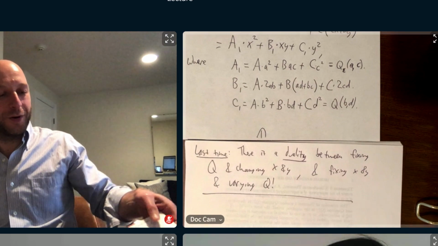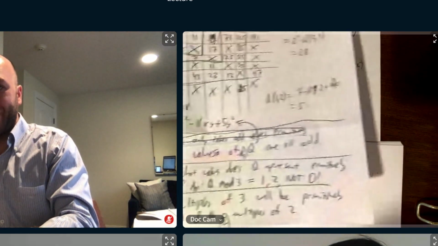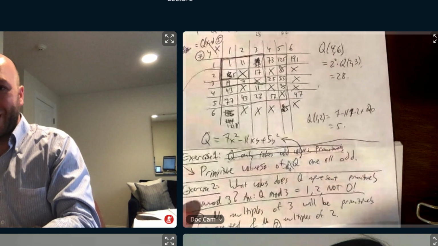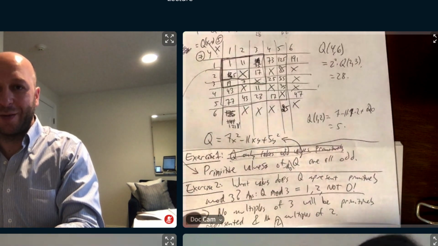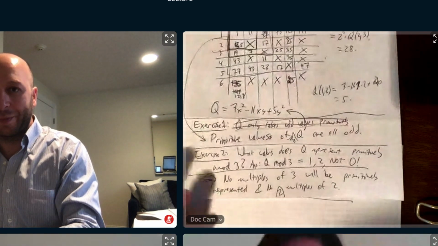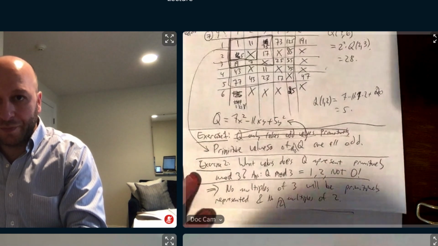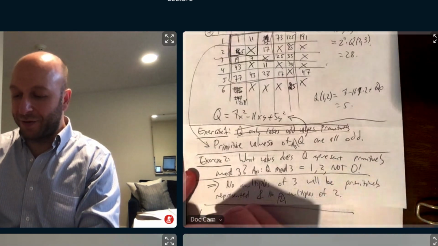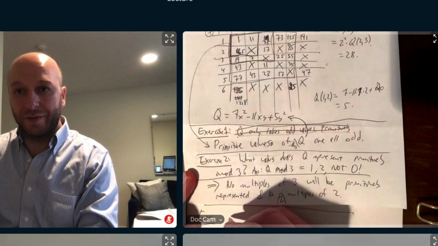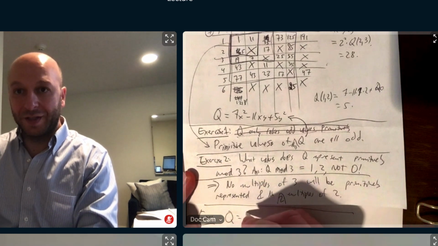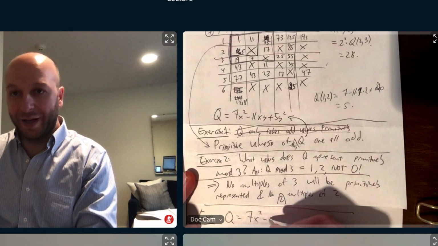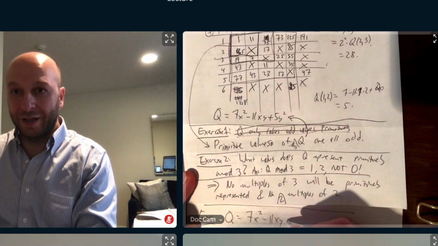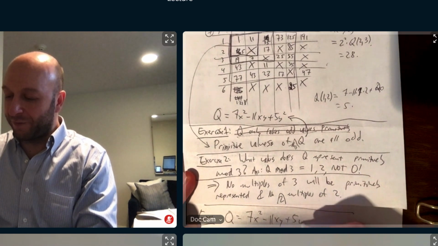Let's go back to our old friend, the quadratic form from last time. So you remember this table. I want to recover this table. So this was for the quadratic form. Here it is. So back to our example of Q equals 7x squared minus 11xy plus 5y squared.